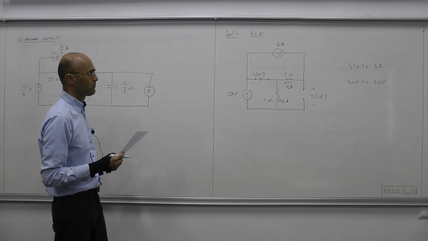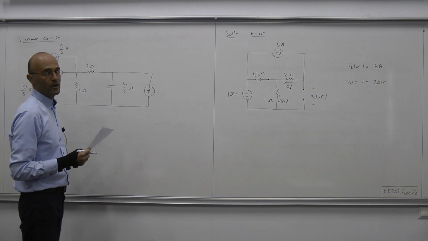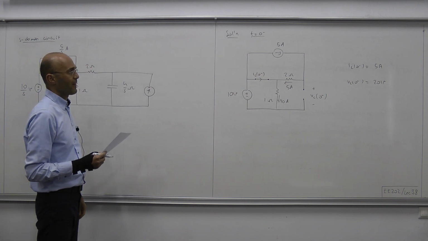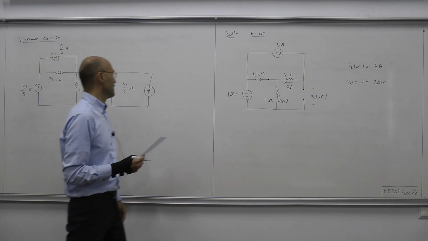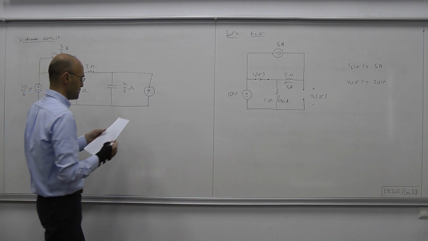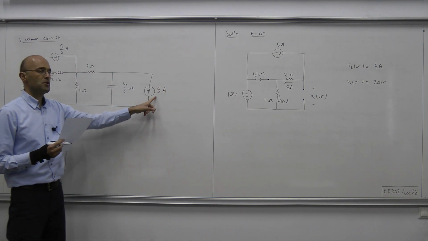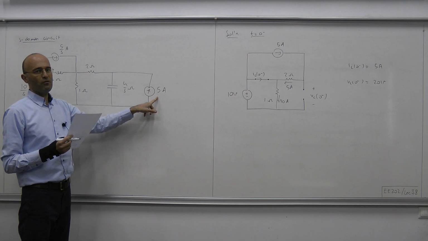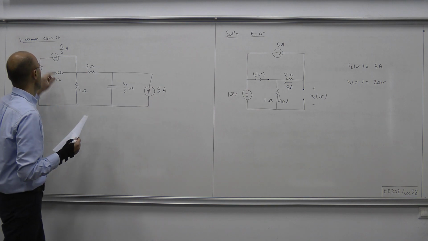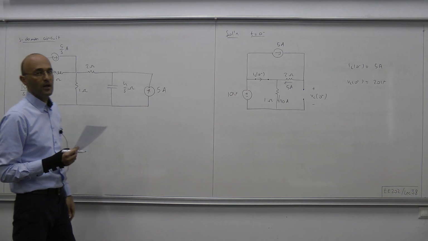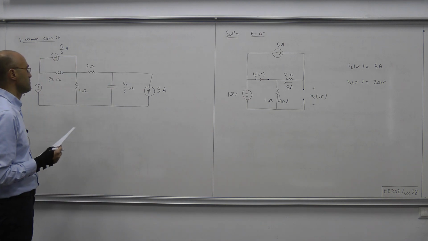Now if capacitance is 1 over 4 and initial voltage is 20, as we just figured out, then 20 times 1 over 4 produces 5 amps. So this source takes care of the initial condition of the capacitor, and this source here takes care of the initial condition of the inductor.